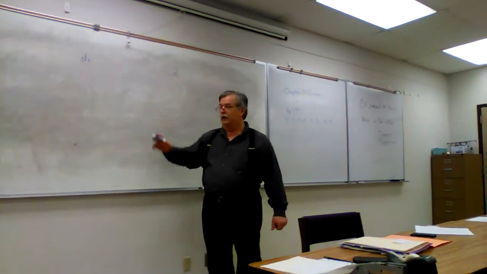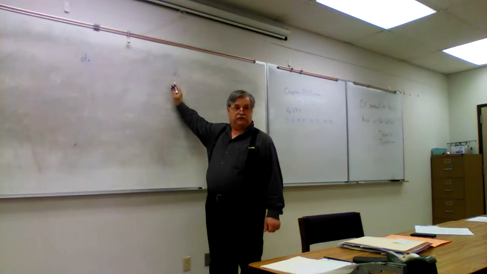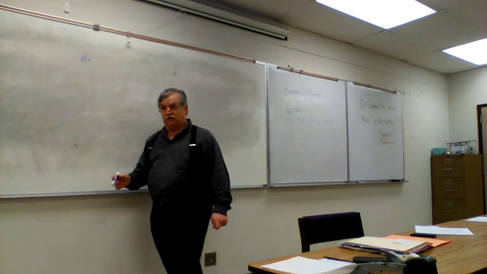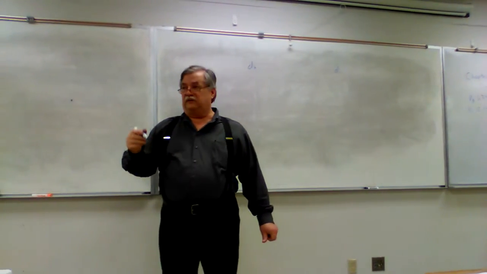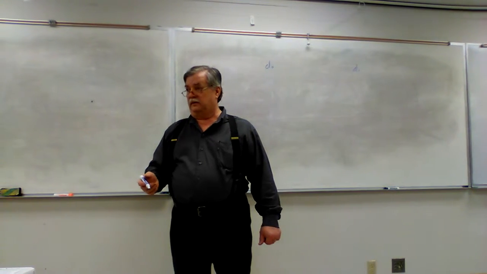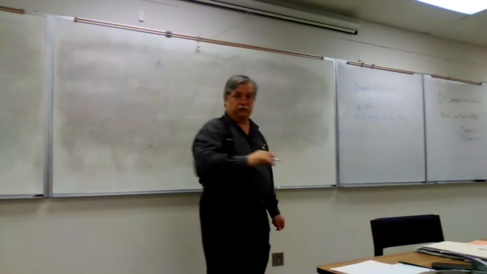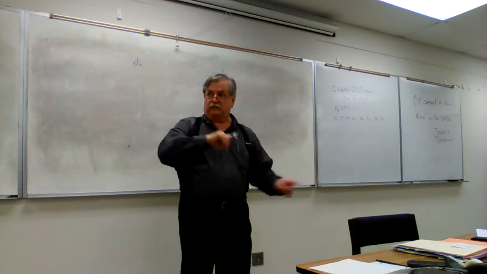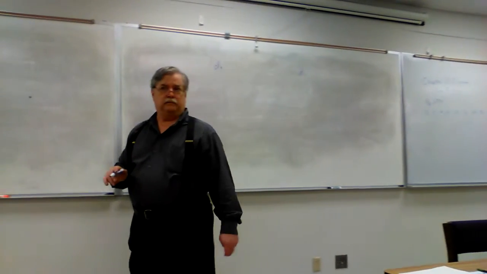So, as always, a positive image distance means a real image. A negative image distance means a virtual image. But in the case of transmitted light, in the case of a lens as opposed to a mirror, that actually means the other side. Okay?